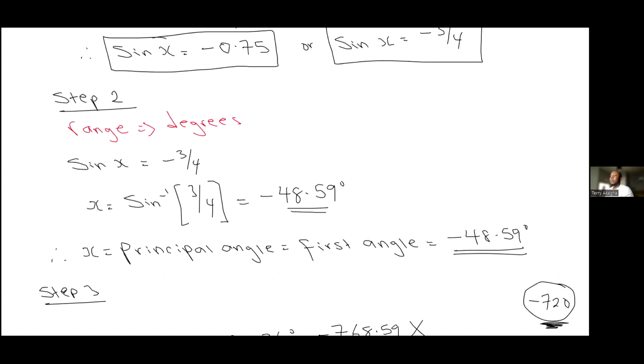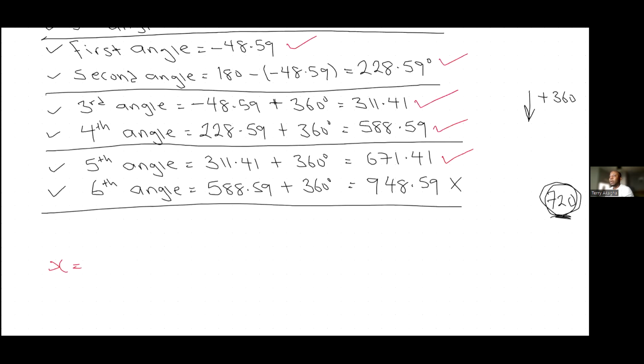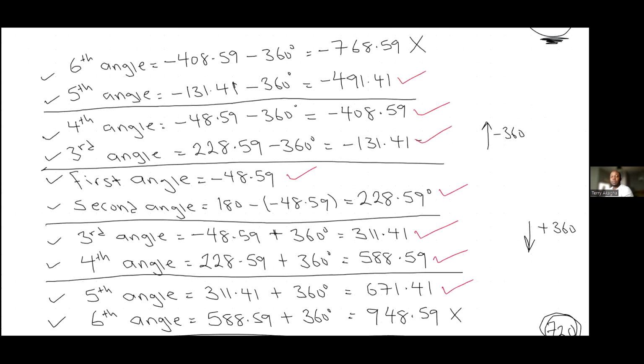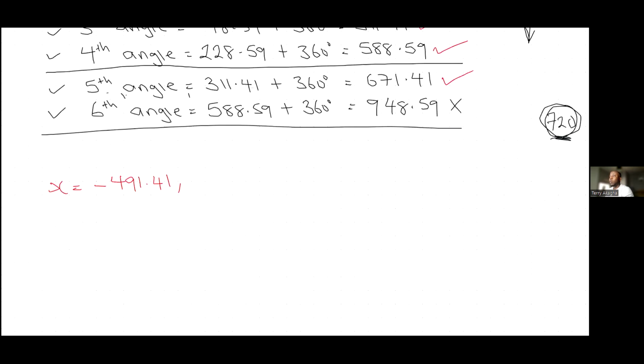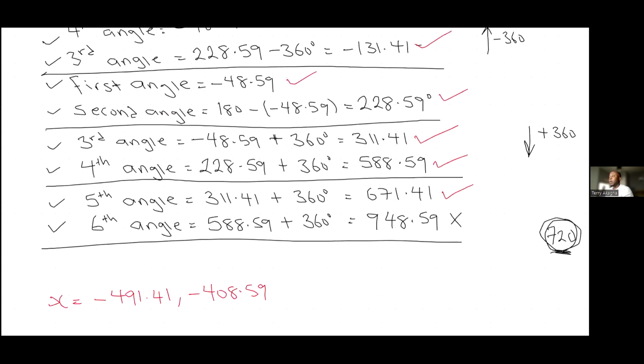So that means for this now, was it theta that was the question, or x? X, right? So the x values within the range are: the first one, minus 491.41. The next one we had was minus 408.59. The next one was minus 131.41.